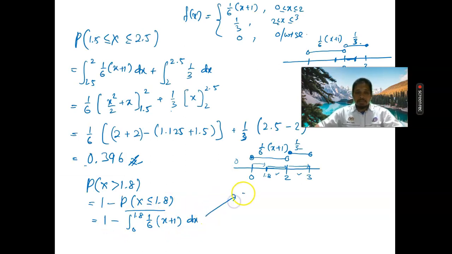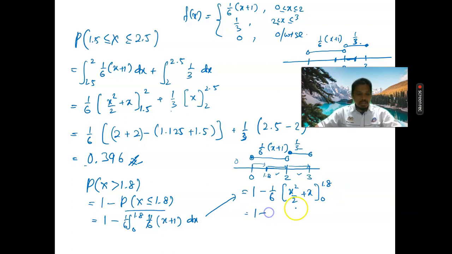I make it down here: 1 minus, 1 over 6 is a constant, take it outside. The integral of x plus 1 with respect to x is going to give you x squared over 2 plus x, from 0 until 1.8.